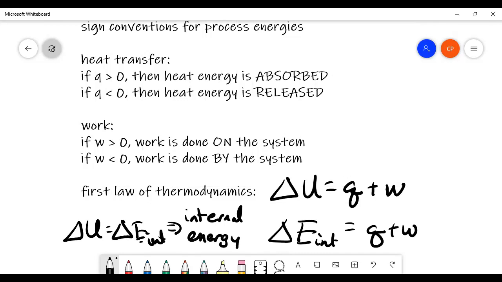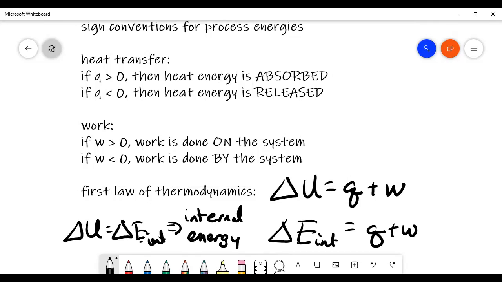And it's actually somewhat fortunate that I've done this because there are some problems in the homework where delta E stands for internal energy and delta U comes up, I think, once for internal energy when you're going through the homework.